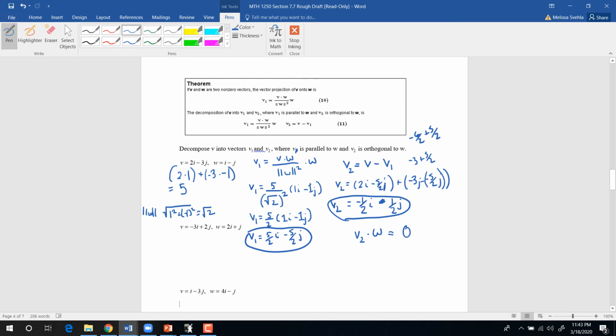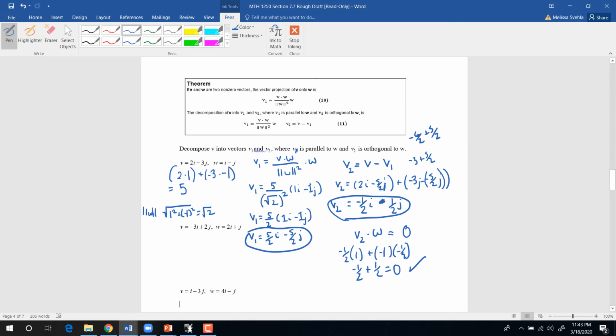So I have -1/2 times 1, and then plus -1 times -1/2. So I have -1/2 plus 1/2, and that equals 0, which is good, okay, which means it's orthogonal.